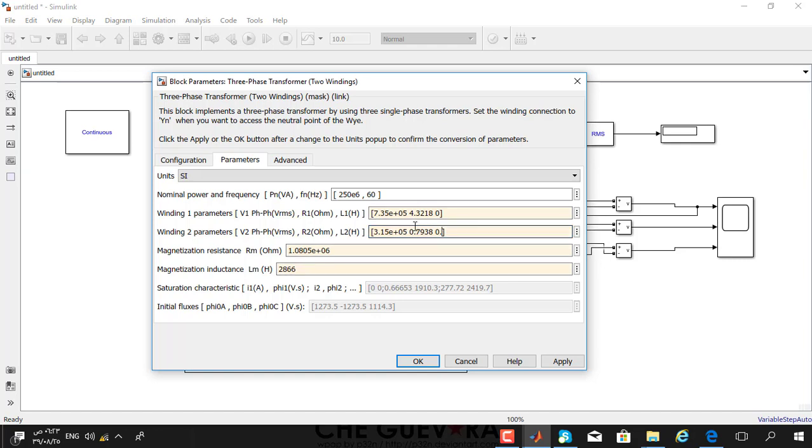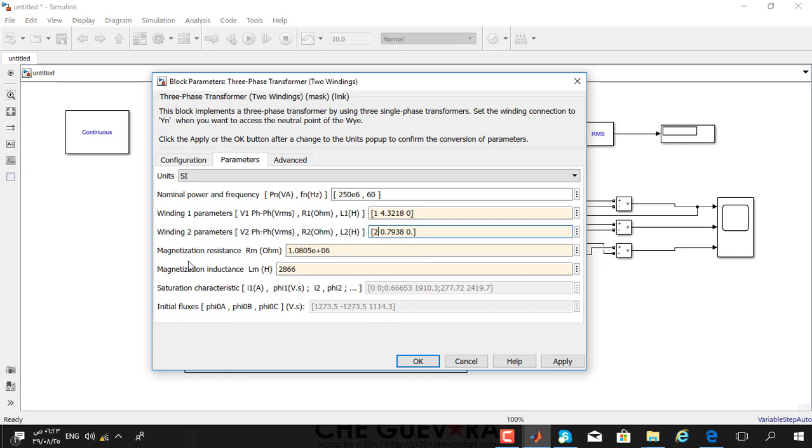And it's step up. So for the voltage we make it 1, and the winding 2 we make it 2. So as you can see, 1, 2, it's step up.